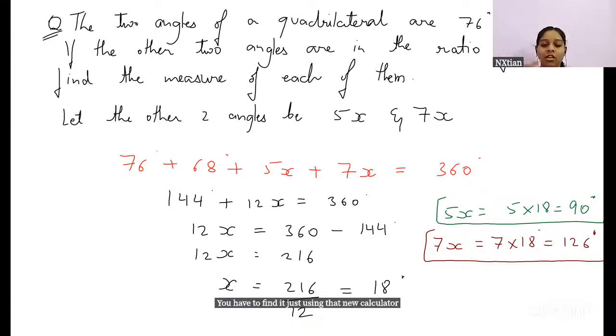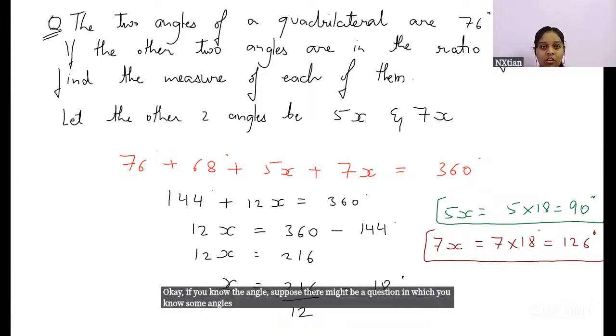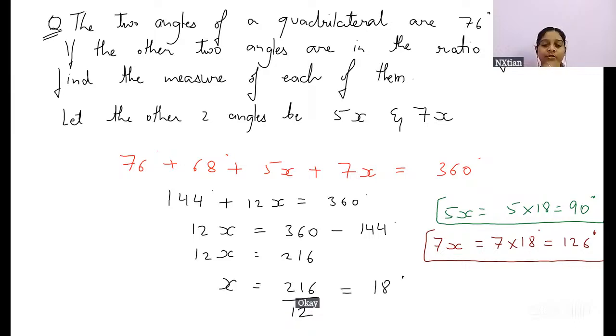Take the sum. If you don't know the angles but you know the ratio, then put x, and the sum equals 360. If you know the measure of 3 angles and one angle you don't know, and the question asks for the 4th angle, add the 3 and subtract them from the total, that's 360. Like that you have to see.